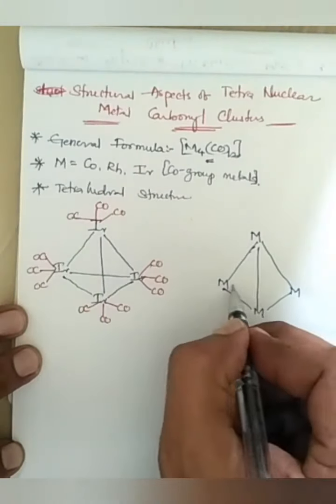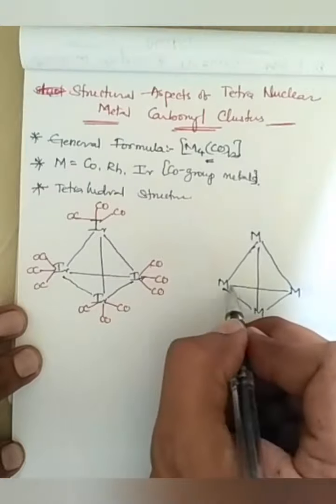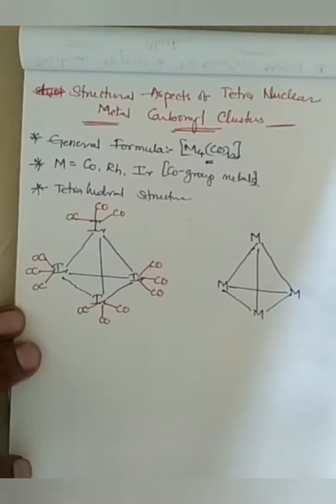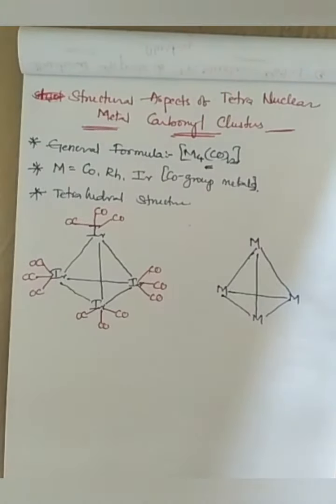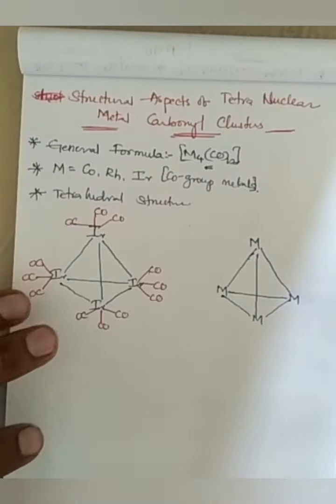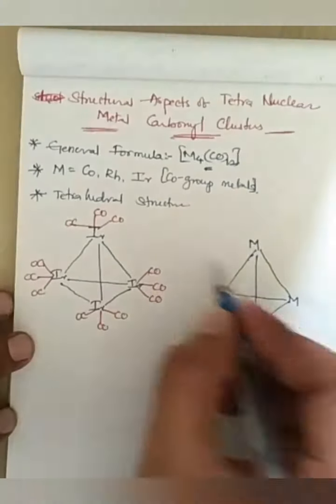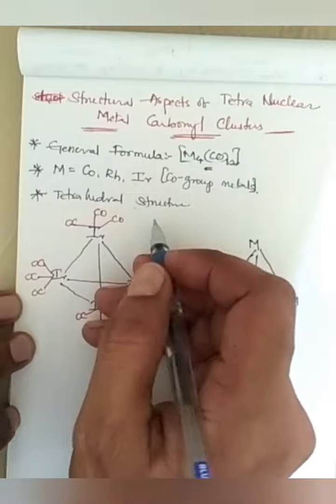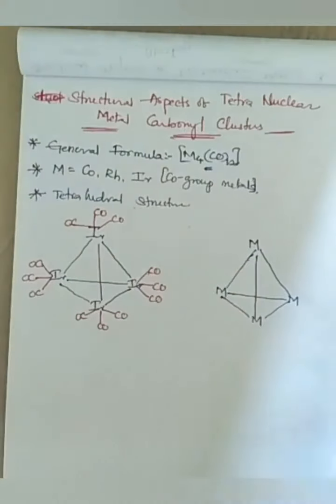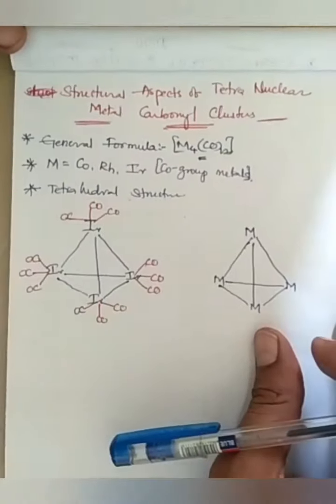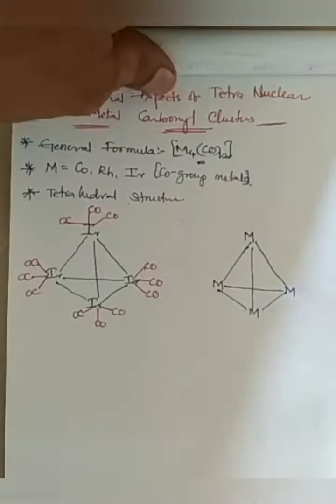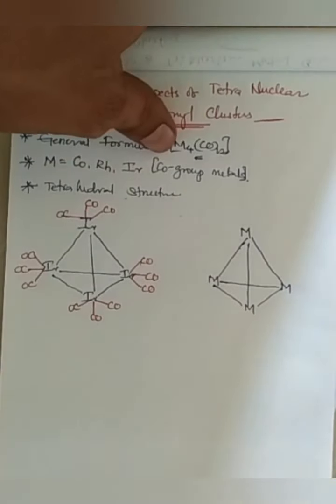The variation is just in the metal to ligand bond, but when it comes to the metal to metal bond, the structure is the same, right? So far it is defined as a tetrahedral structure. Here all the metal clusters define their structure with respect to the metal to metal bond rather than the metal to ligand bond.